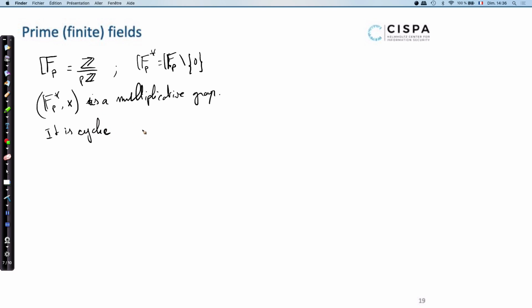So it means that it will have a generator. There will exist an element G in Fp star, such that for every H in Fp star, H is going to be a power of G. Okay, and this exponent is going to be determined modulo the order of G. So since the group is cyclic, the order of G is going to be the order of this group.